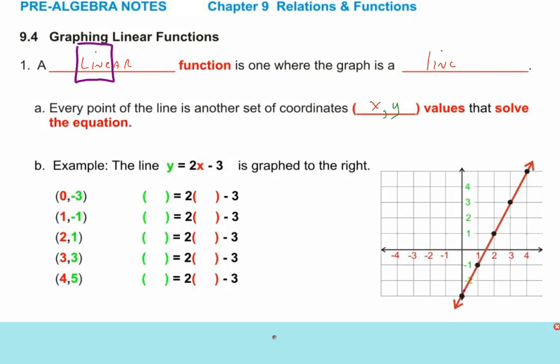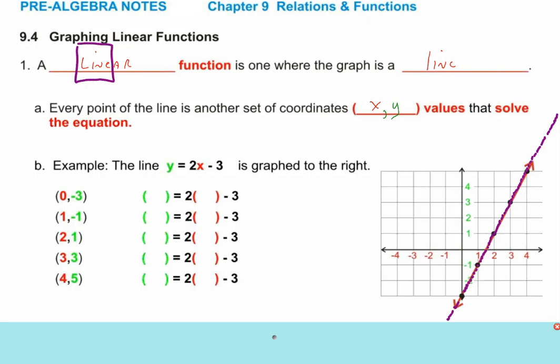But there's a point here, and another point right after it, and another one right after it, and the points keep going forever that way. Get it? There's an infinite number of points.